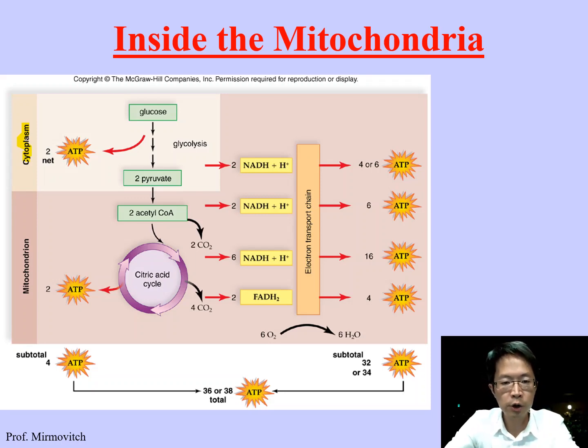You need to know the number of ATP made for each step. You also need to know the total number of ATP. You need to know the input molecule and the output molecule for each step. So that's about it. Let me know if you have any questions.